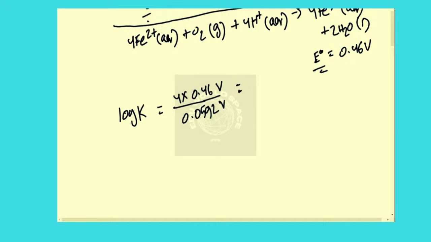Then if we take the antilog of this equation, we get K equal to 10 to the power 31.08. So this is the equilibrium constant for the cell given.